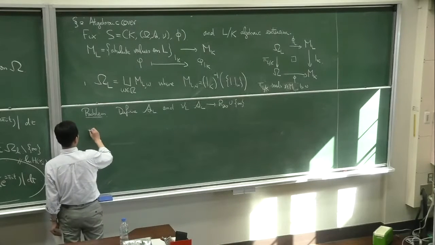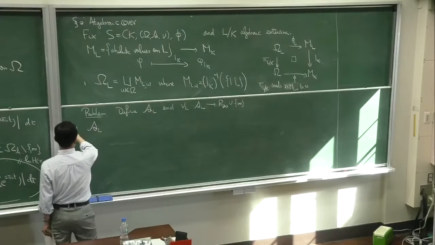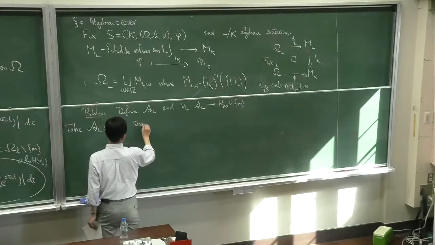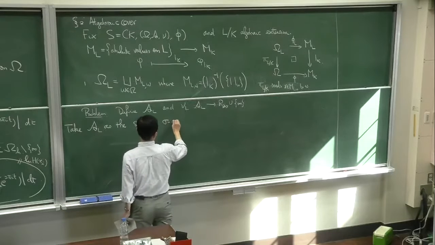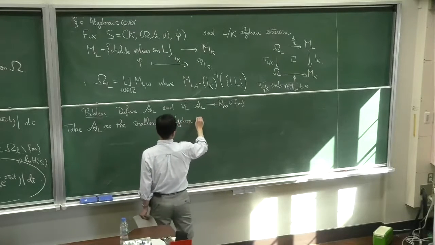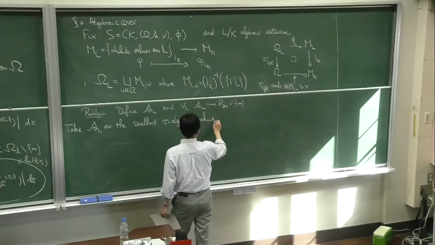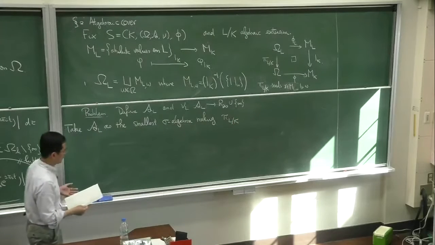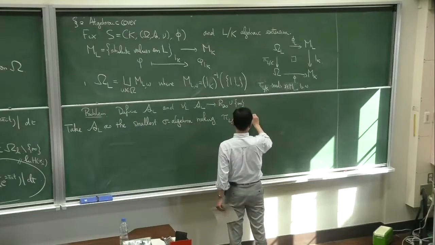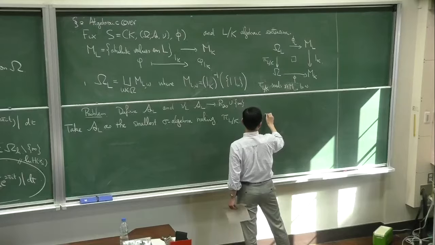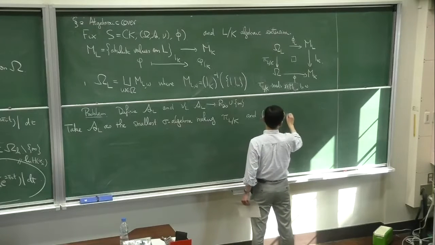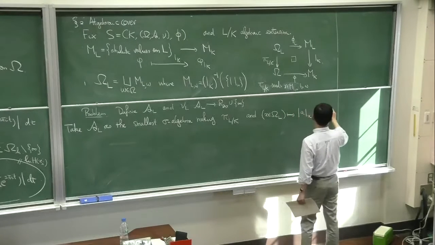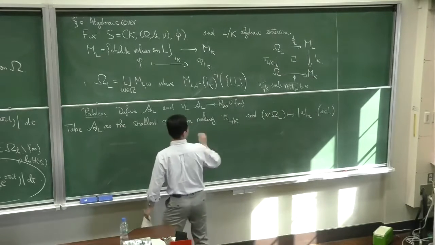Maybe just to give a different construction, A_L is taken as the smallest sigma algebra making pi_{L/K} measurable, and also the functions x in omega_L to |a|_x, where a is inside of L, measurable.